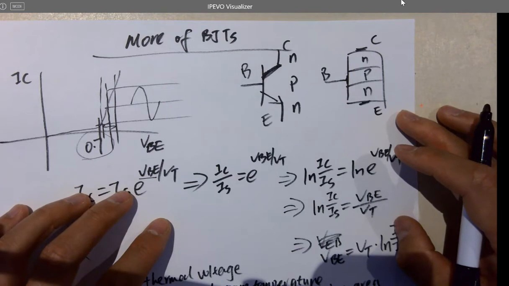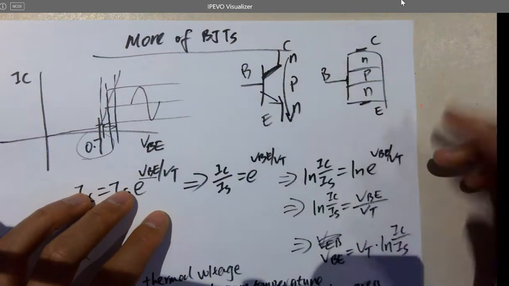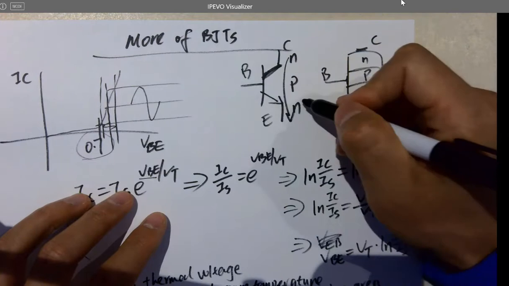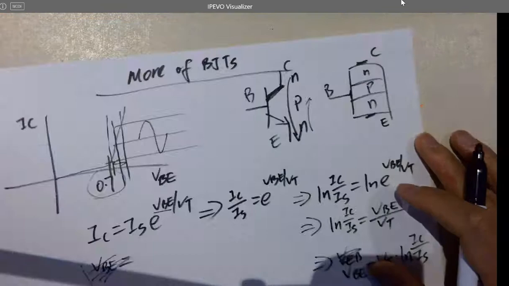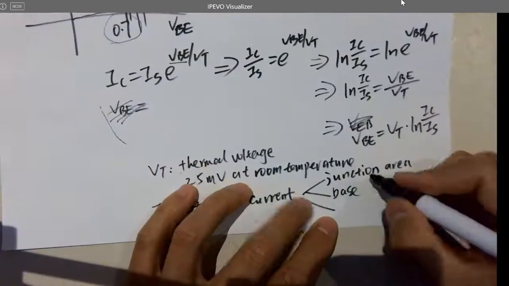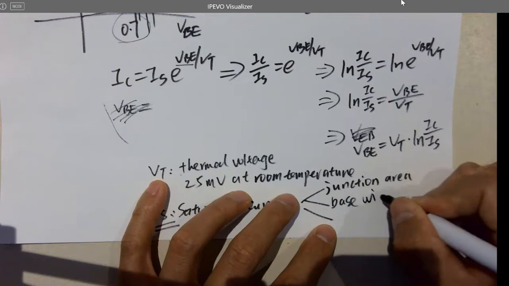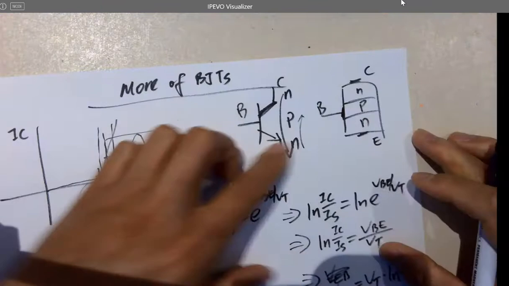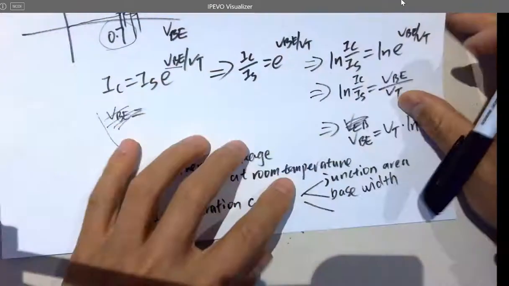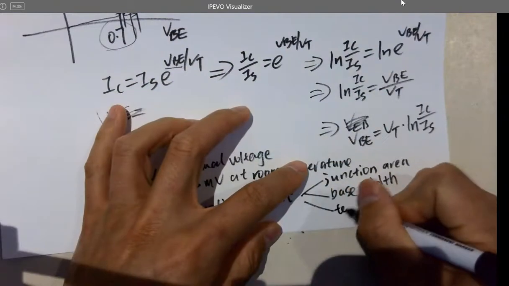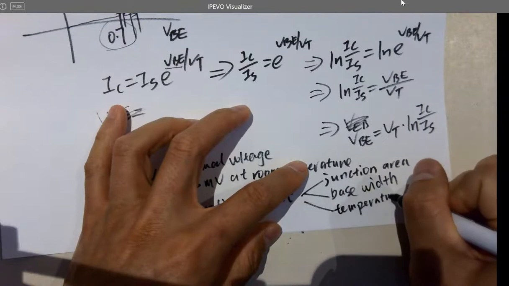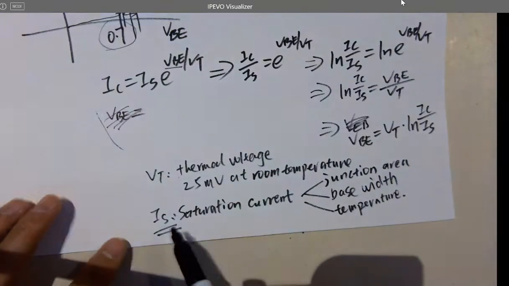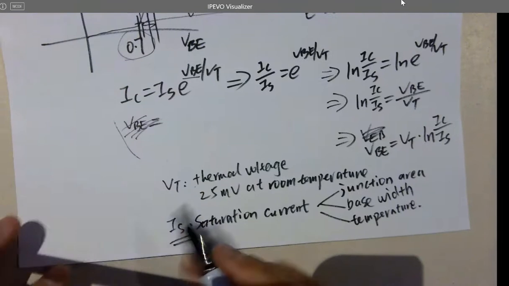Well, actually currents, not electrons, because currents flow in that direction, so electrons flow back. Or the base width. So here, the area here, and temperature. We treat it as a constant when we're doing the calculation in BJTs.